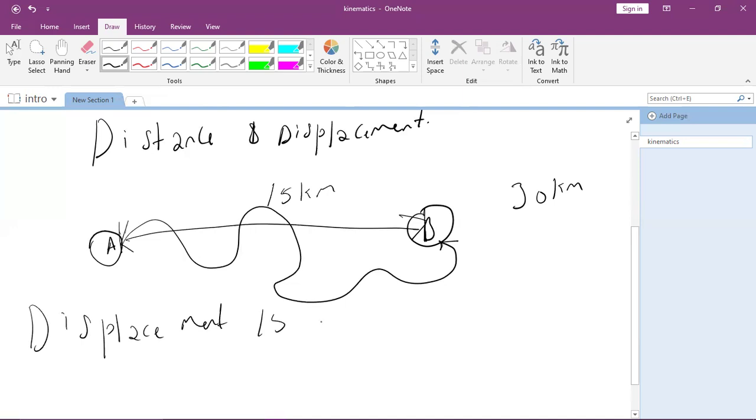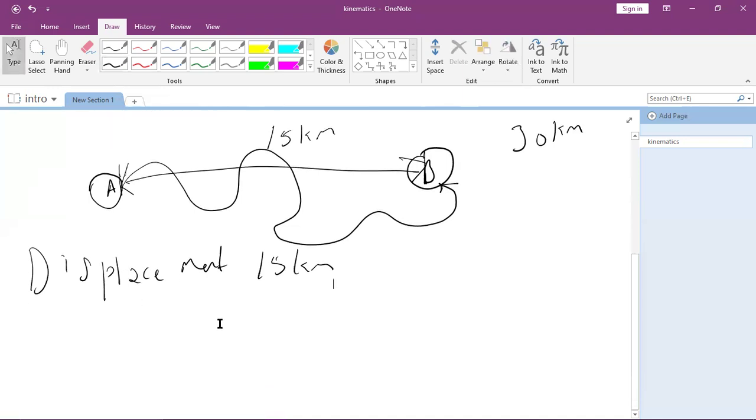This is a straight line in a specific direction, the direction of east. Unlike this curvy line, it's not actually a specific direction. Do you understand now? So your distance is just magnitude.